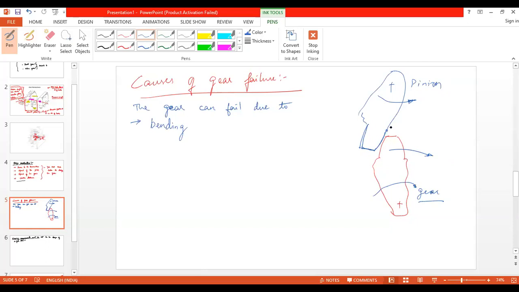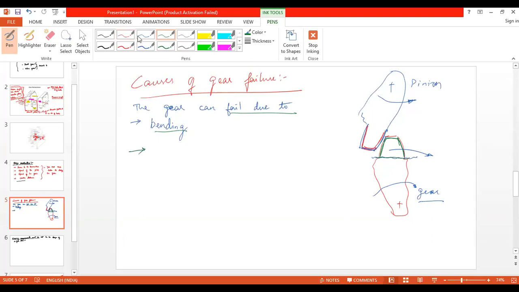Here we can assume that the tooth of the pinion has to push a cantilever beam, so it creates bending stress in both the gear and the pinion. So the gear can fail due to bending.